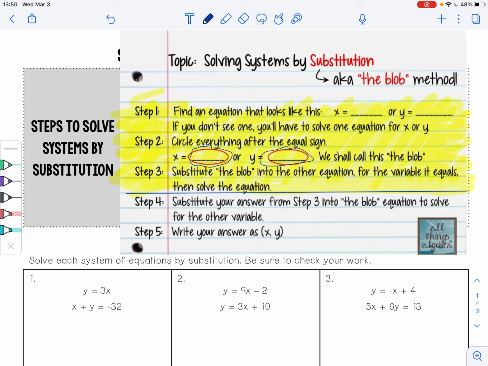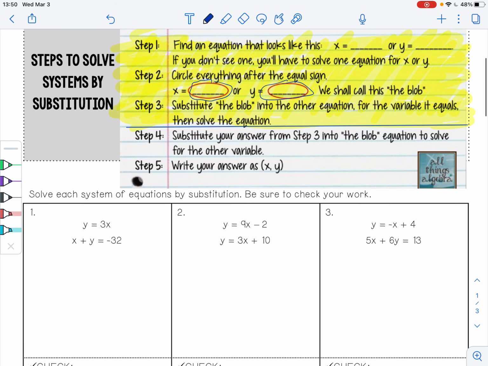Okay, like that. So for example, down here on the first problem, the one that says x equals or y equals is the top one. That's the one that has y equals and then a bunch of junk. So in step 2, we circle the stuff that's after the y equals.